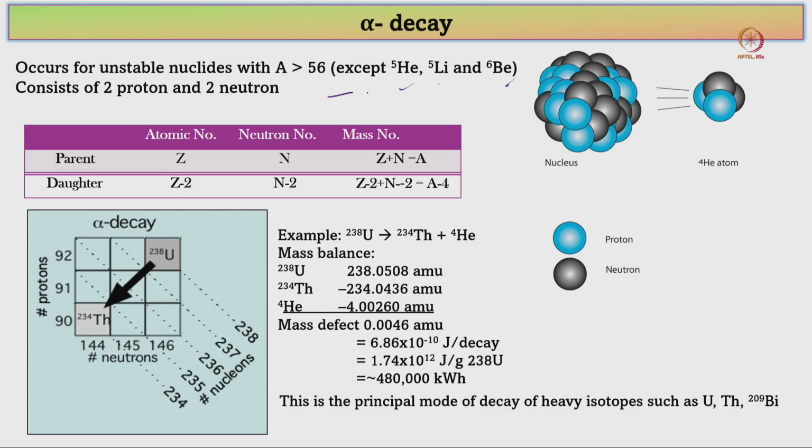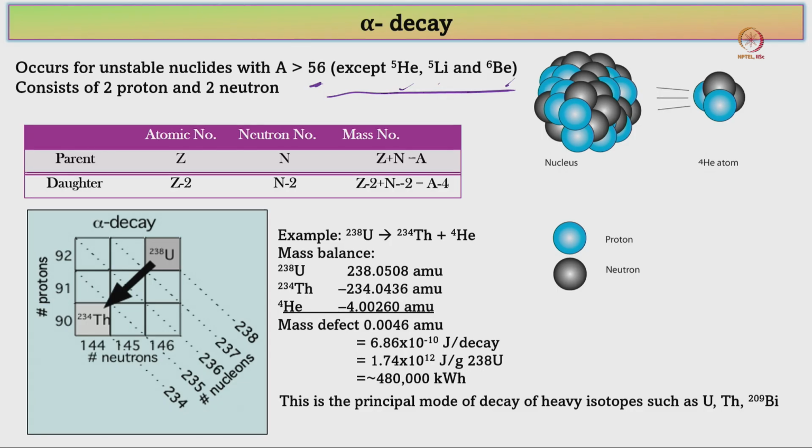They are so unstable that they will go for the alpha decay. But here, if the atomic mass is more than 56, they will tend to lower their atomic number and also their mass number.